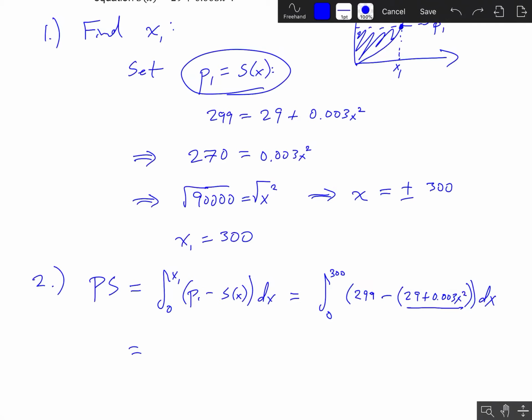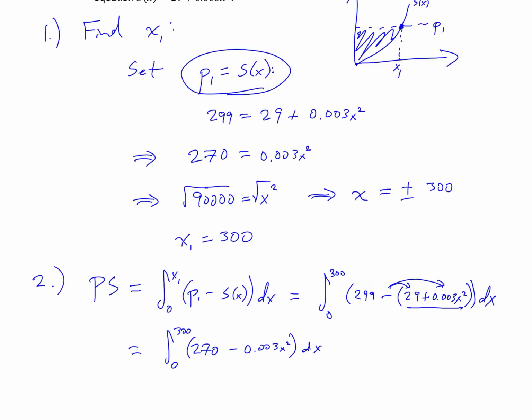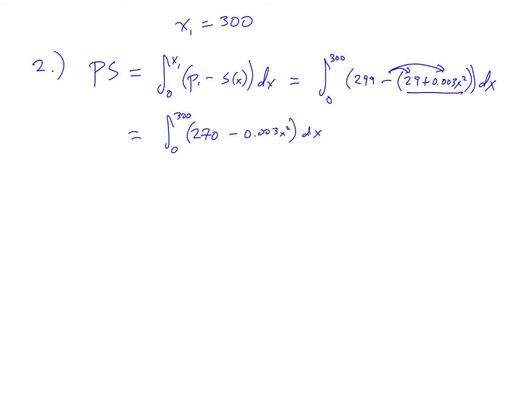So we do need to distribute that minus sign. When we do that, we'll get a 299 minus a 29. So that would just be 270. And then the minus sign would also distribute to the second term, giving us a negative 0.003 x squared. So now we've cleaned up our integrand.